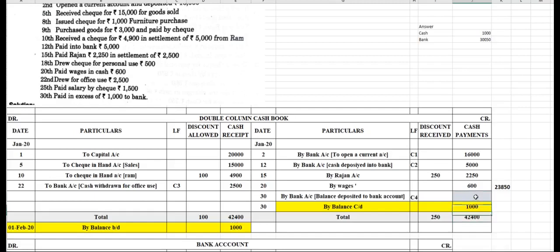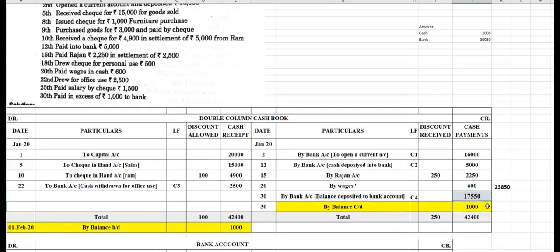Only 1,000 rupees that you need to carry down. Whatever is left now, that is 42,000 minus 1,000 minus this 23,850. That is 17,550 rupees. That we need to take down, deposit in the bank. So on 30th, by bank account, balance deposited to bank account 17,550 rupees.